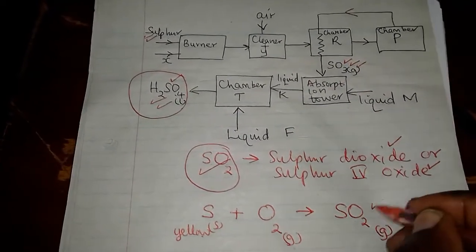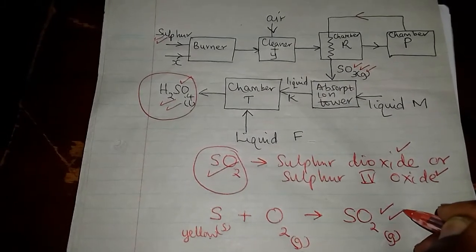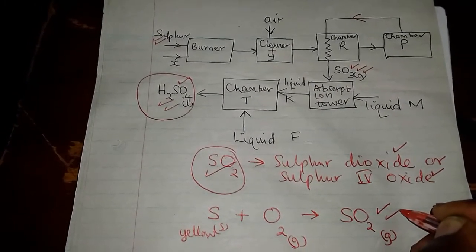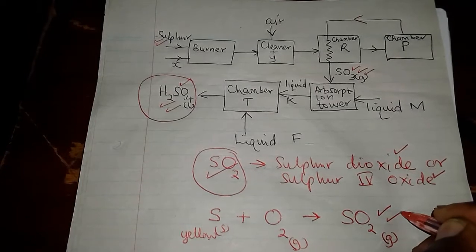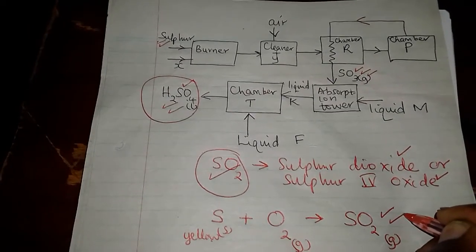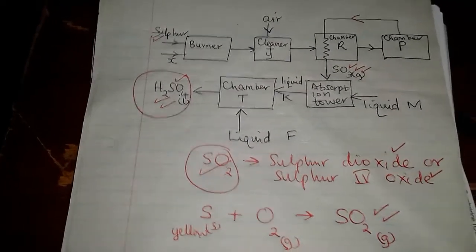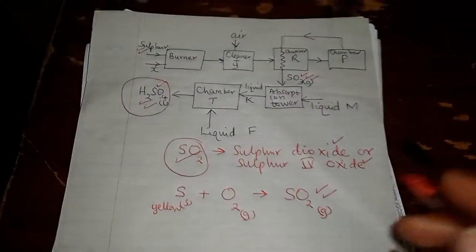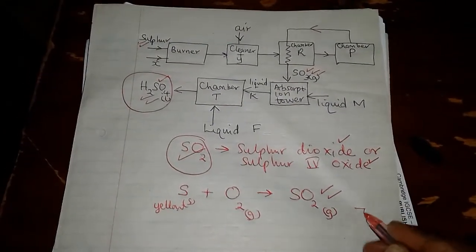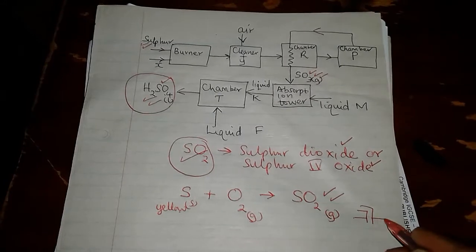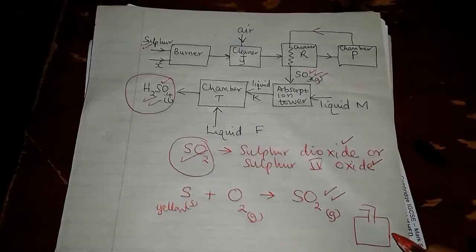So this one is an acidic gas with a choking and irritating smell, which is denser than air, and then it gets collected by downward delivery or upward displacement of air. Good. Downward delivery or upward displacement of air.